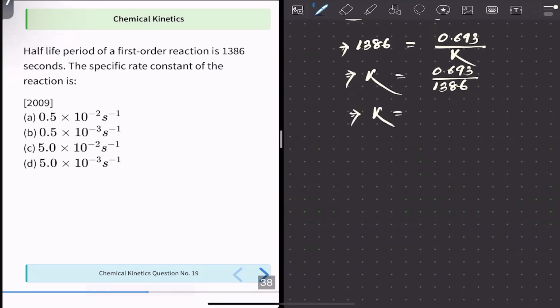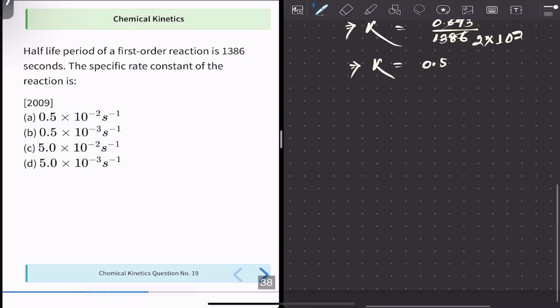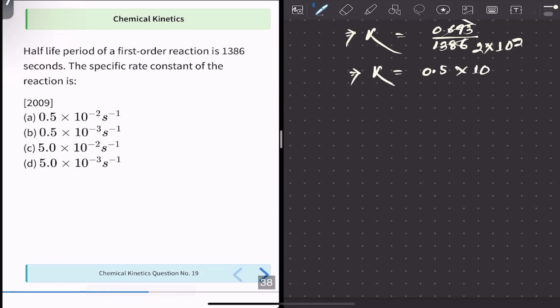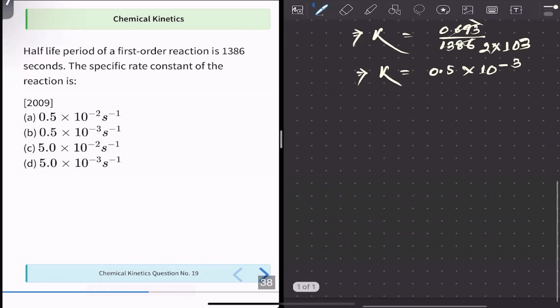K will be equal to 0.5 into 10 to the power minus 3. So the correct option will be option B.